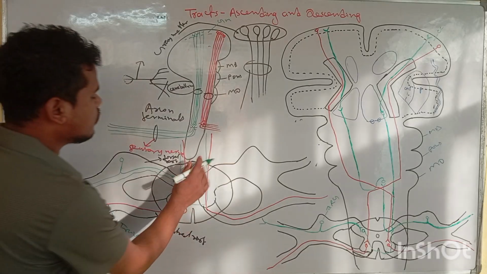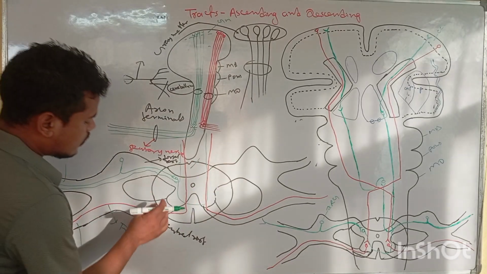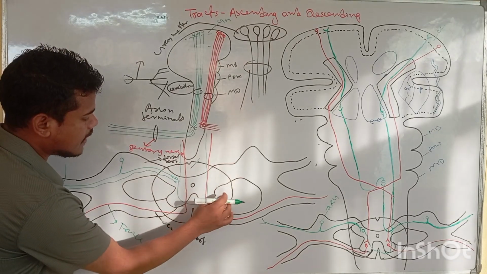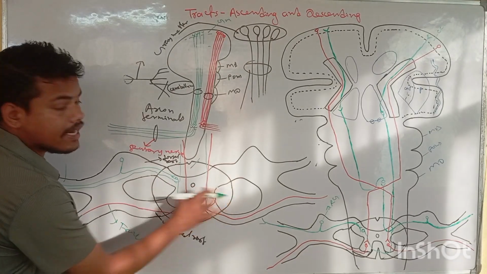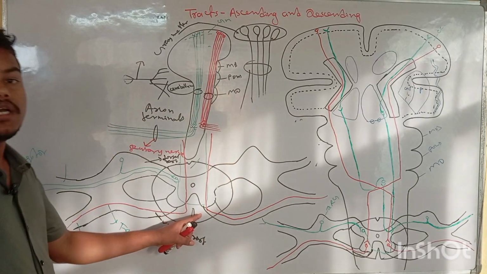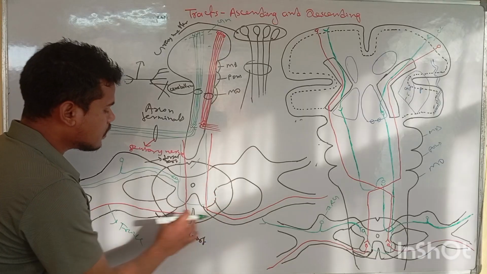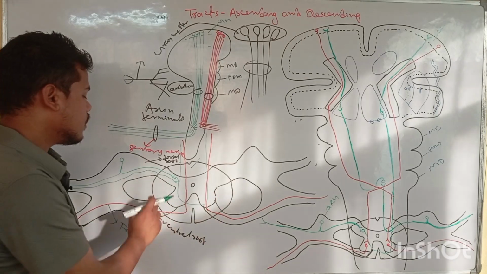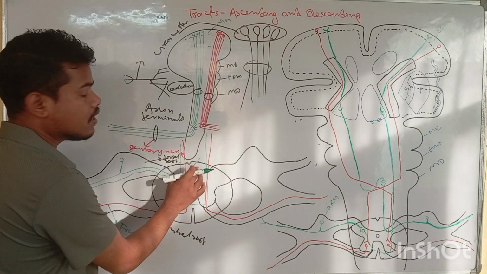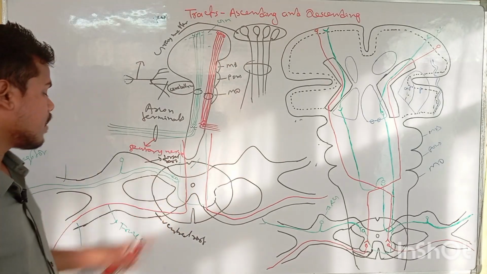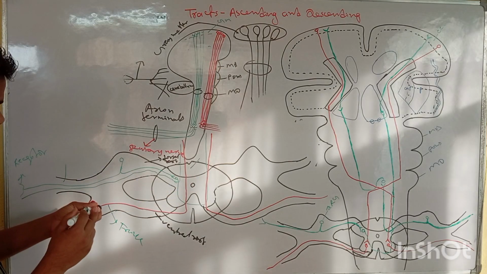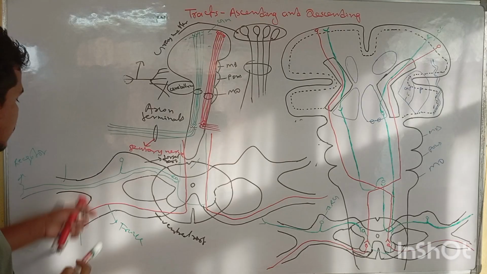This is the white matter placed laterally, so this will be the lateral column, and these are the anterior column. Being functionally similar, the anterior and lateral column we collectively call the anterolateral system, and this will be the dorsal system.